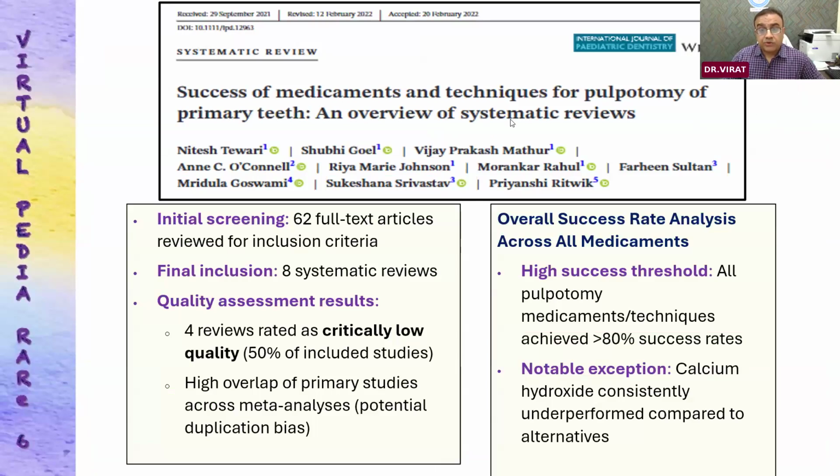This is an overview of systematic reviews regarding the success of medicaments and techniques for pulpotomy of primary teeth, done by Nitesh Tiwari et al., in which eight systematic reviews were included, and a higher overlap of primary studies across the meta-analyses was present. All the medicaments or techniques achieved a success rate of greater than 80%.